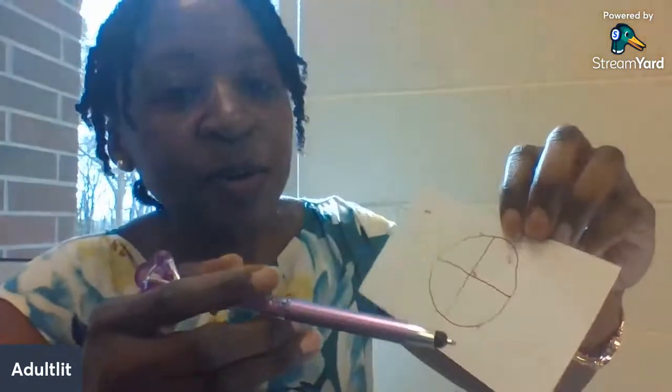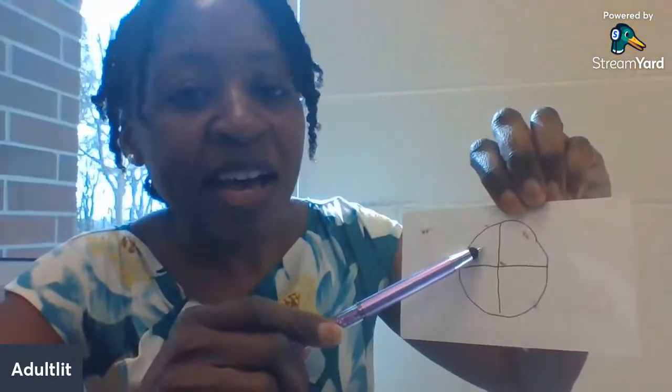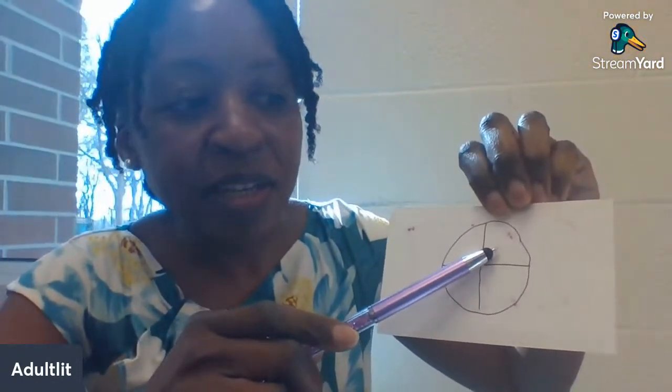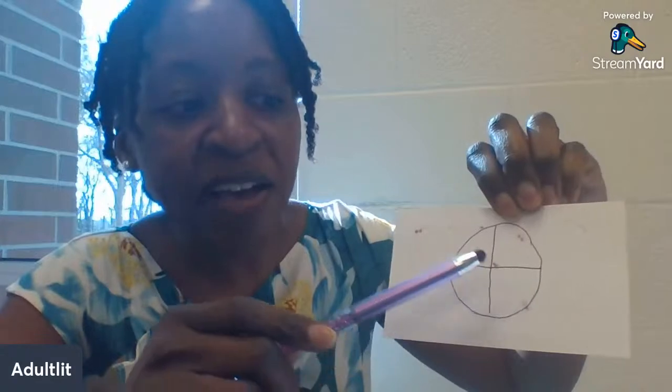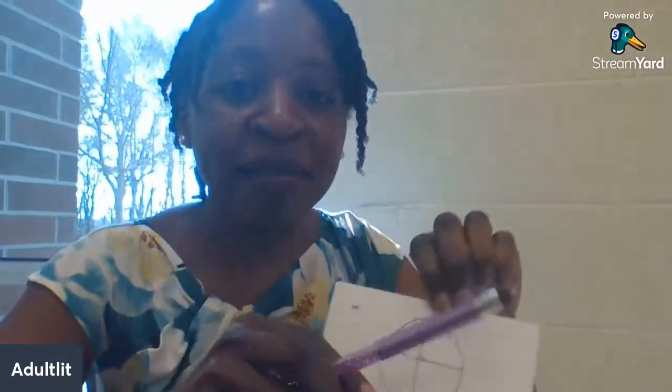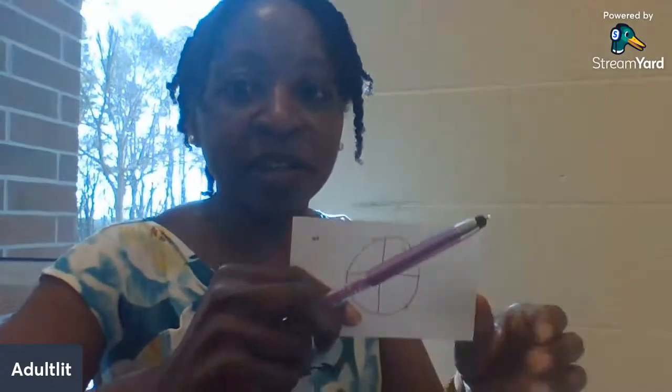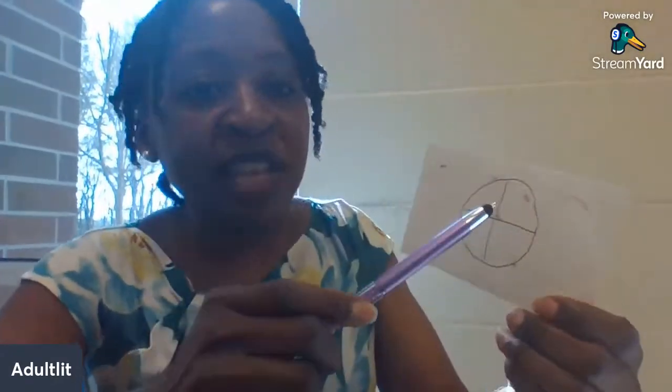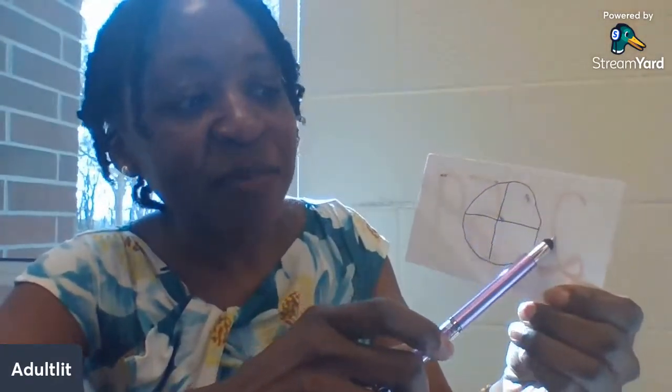Okay, so 25 plus 25 is 50, plus 25 more is 75, plus 25 more is $1, all right? So if we have 4 parts of something that's worth 25 each, then that totals $1, okay? So just think of this as a clock.